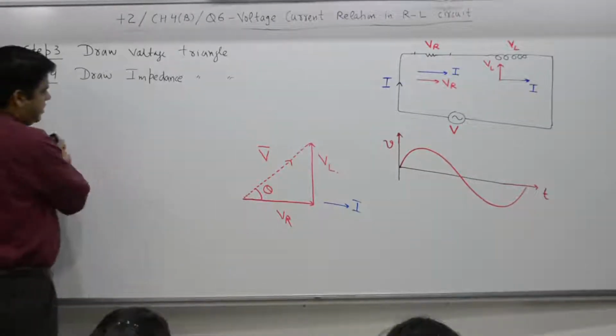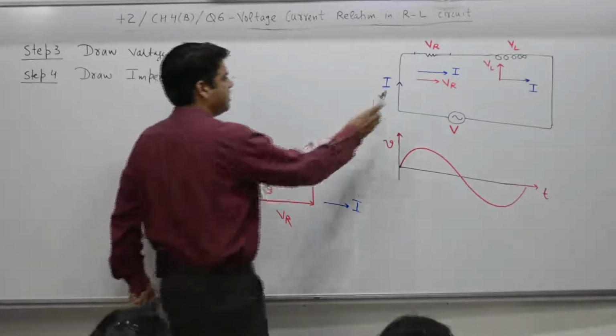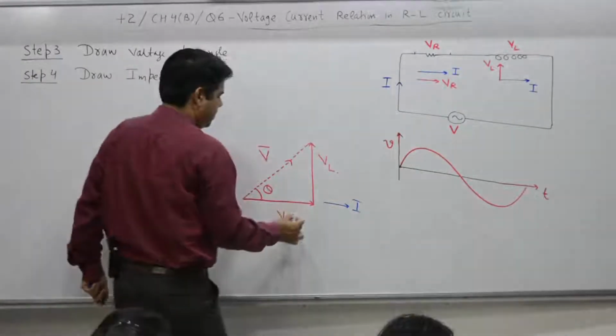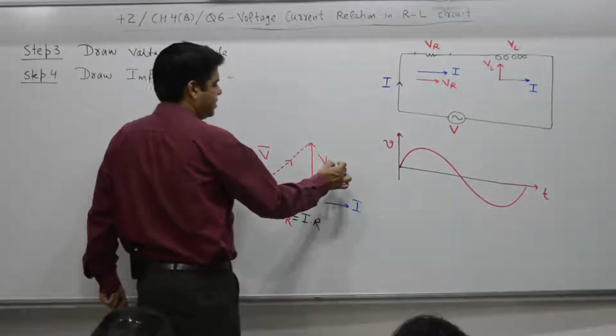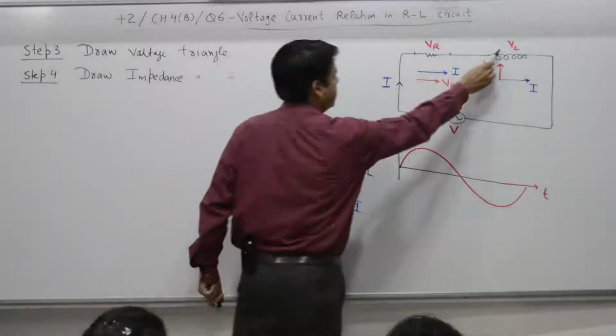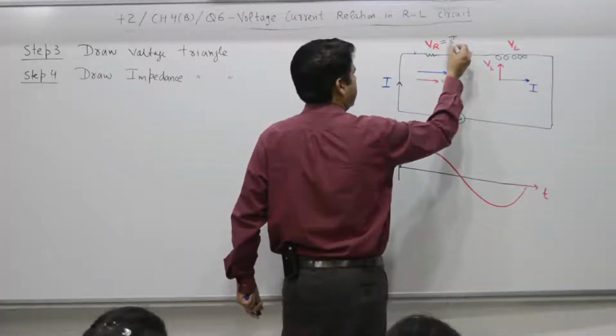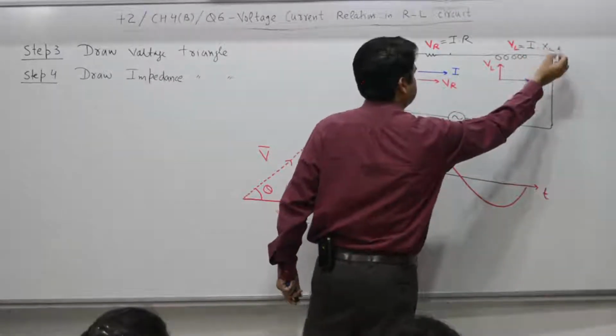How? See, VR is equal to what? Let us focus only on this part. VR is equal to I into R. VL is equal to I into XL. This is equal to IR. This is equal to IXL.